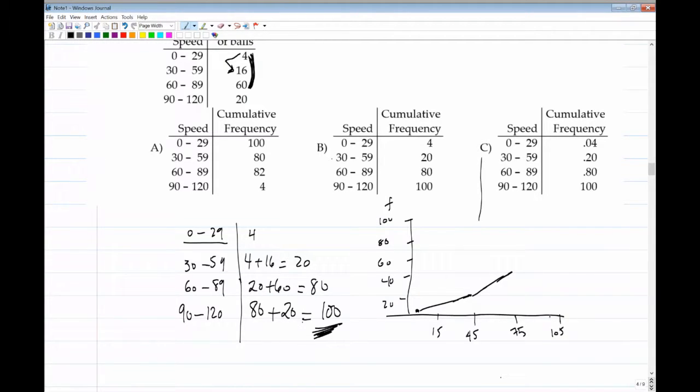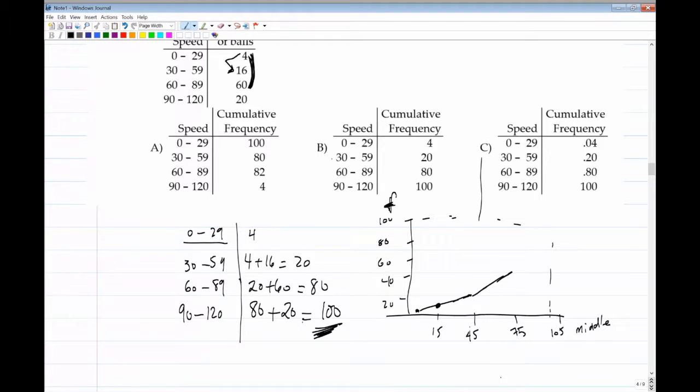It's going up, but it will reach 100. It will not exceed more than that. I put the frequency on the y-axis, and it would be nice to use the middle of the class. 0 to 29, halfway is 15 or 14. So the first class we have 4, which is somewhere over here.